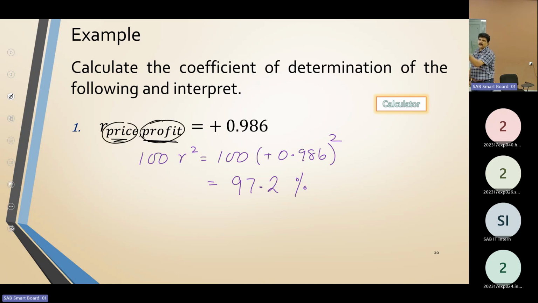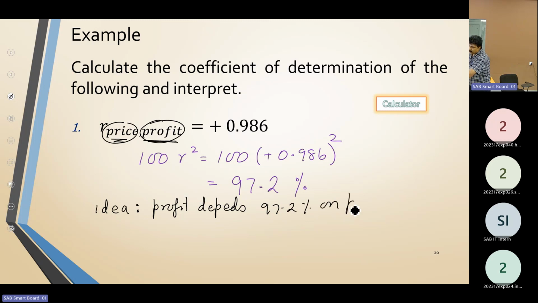How many percent? 97.2% on price. That is not the interpretation, that is the idea. So the idea is that profit depends 97.2% on price.